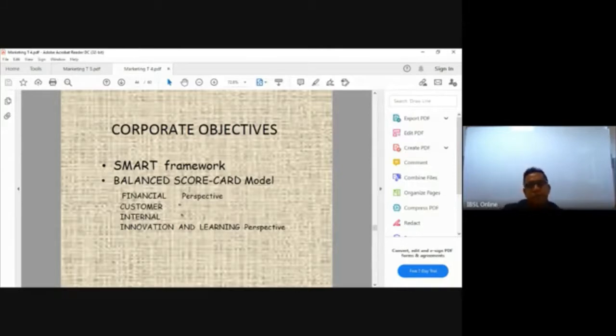SMART stands for specific, measurable, achievable, realistic, and time bound. The objectives that we set should be SMART.